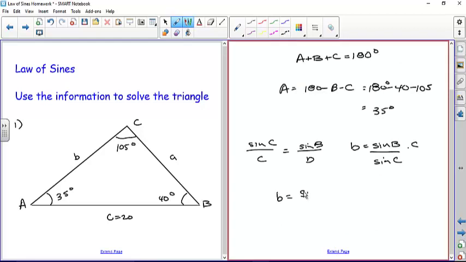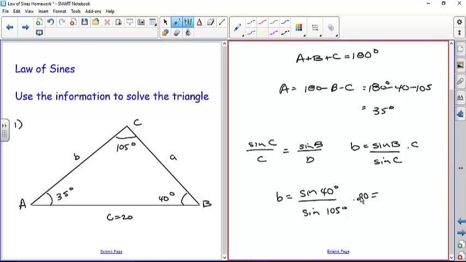So we get the sine of B, which is 40 degrees, divided by the sine of C, which is 105 degrees. And we multiply by the length of side C, which is 20. And make sure our calculator's in degrees.